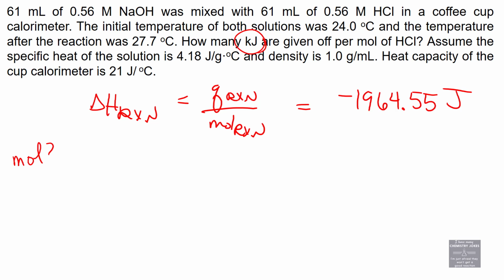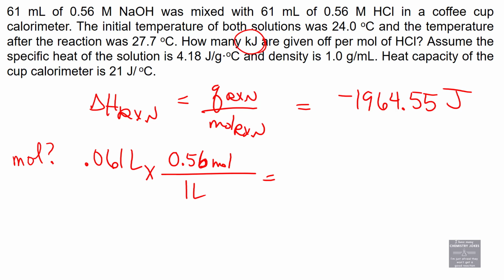How many moles of this reaction are there? Well, there's 0.061 liters of sodium hydroxide being added, and it's 0.56 molar. We can't forget that molar means moles per 1 liter of sodium hydroxide. Multiply those, and I get 0.034 moles of sodium hydroxide, moles of reaction that are happening.